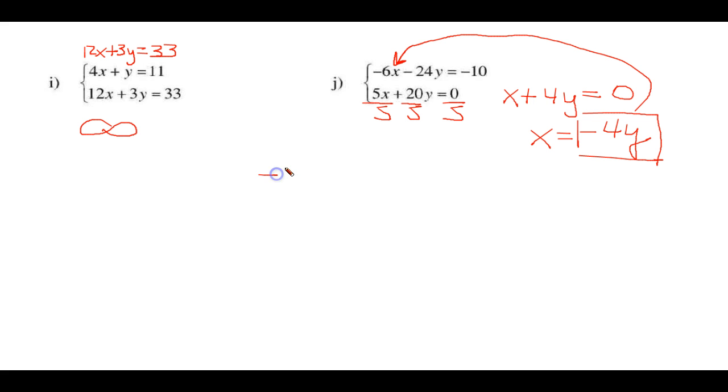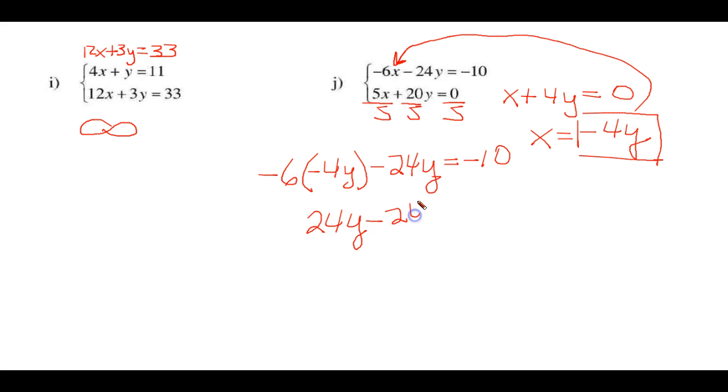So a negative 6 times a negative 4y minus 24y equals a negative 10. Now a negative times a negative makes this a positive 24y minus 24y equals a negative 10.